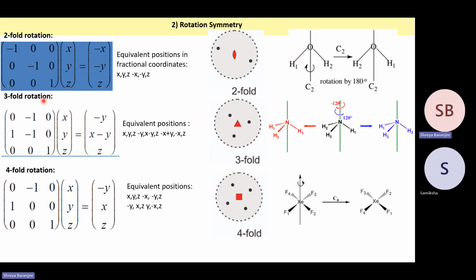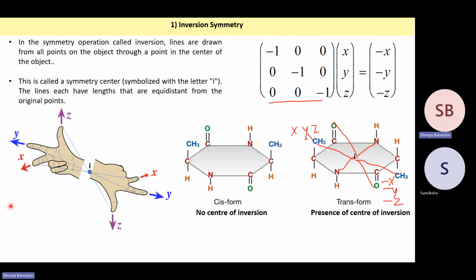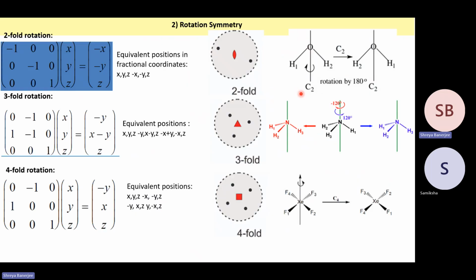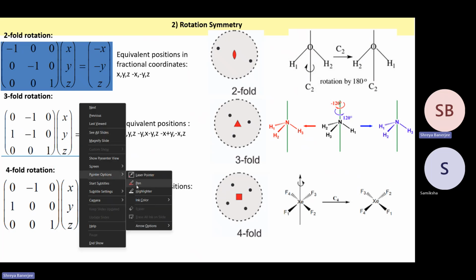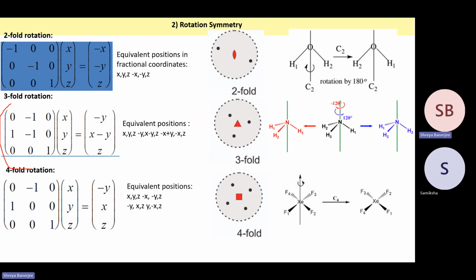If you have three-fold rotation, these are more complicated cases. For the two-fold rotation and inversion, you can easily understand. But in the three-fold rotation or four-fold rotation, it might be a bit more difficult to understand. So what you can do is you can just remember this matrix for the three-fold rotation, meaning 120-degree rotation. So imagine an ammonia molecule. You have the hydrogens in a pyramidal position.